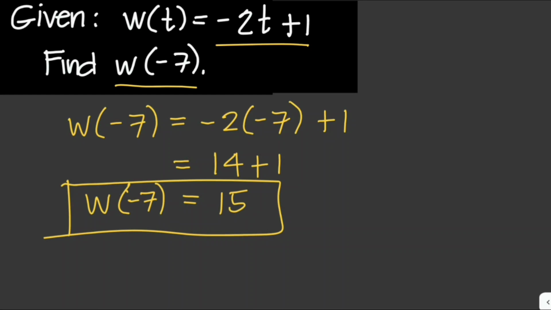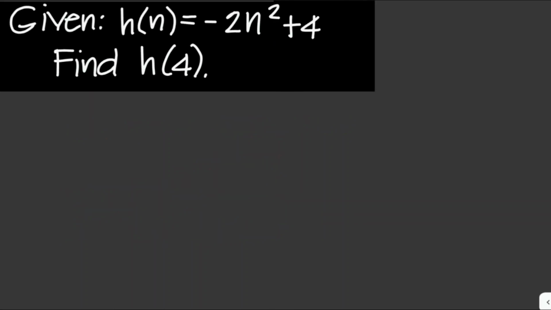Okay, let's solve another problem. Given h of n equals negative 2n squared plus 4, we just have to find h of 4. Again, we're given here the value of n, which is equal to 4. Then we just have to plug in the value to the given function.